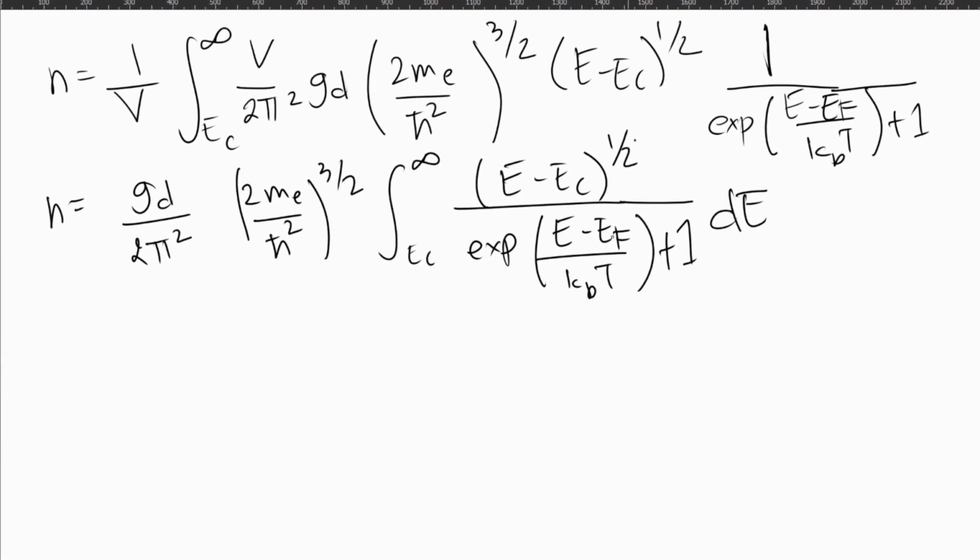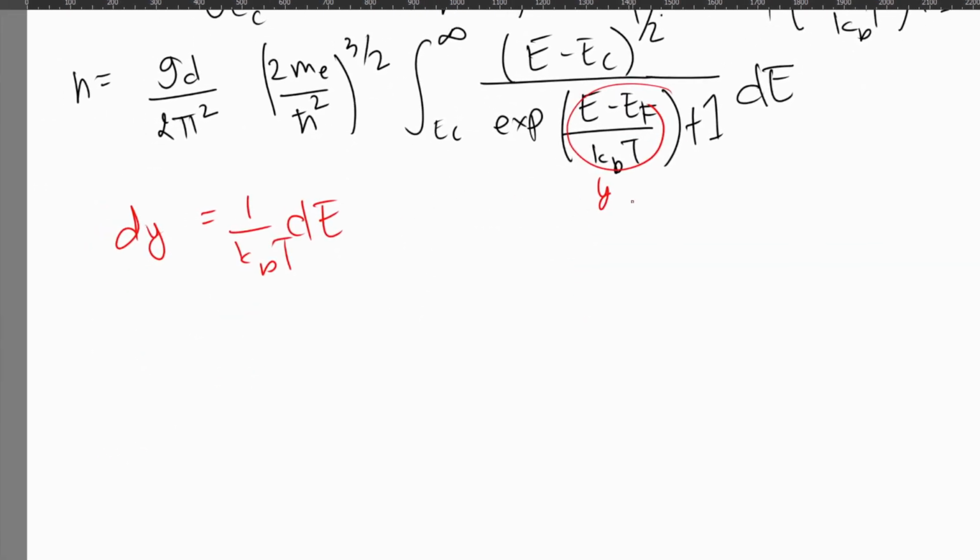So applying a change of variable, we can express this term here, E minus EF over KBT, as Y, and we can express dy is equal to 1 over KBT dE. Wala natin yung first derivative nito with respect to E. The integral, this one, then becomes KBT to the 3 halves, integral from 0 to infinity.